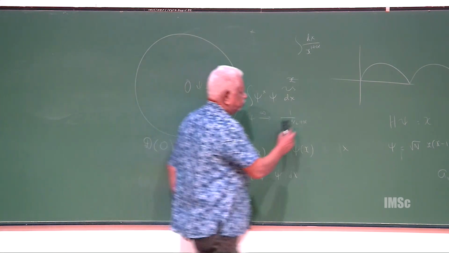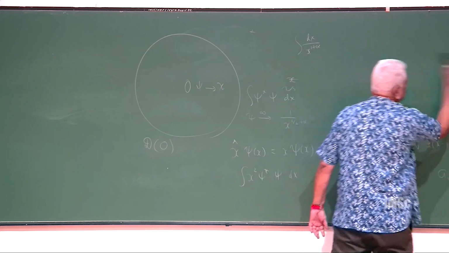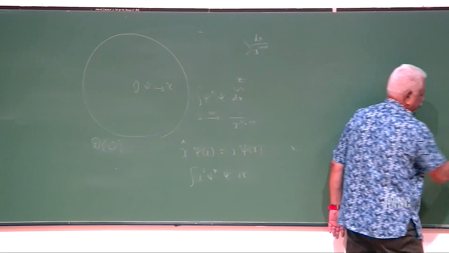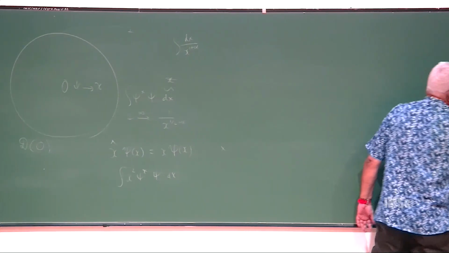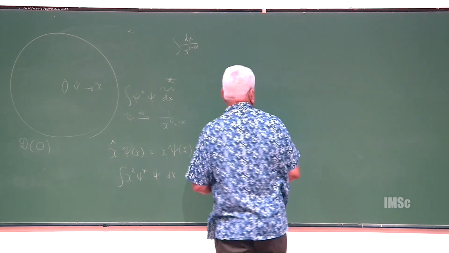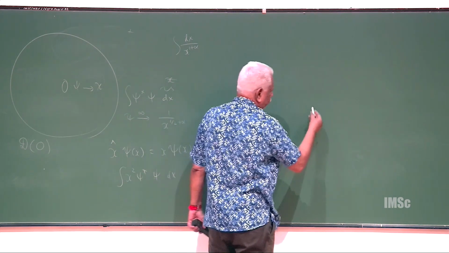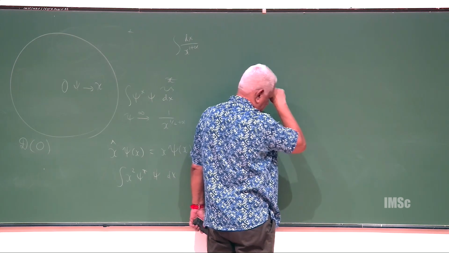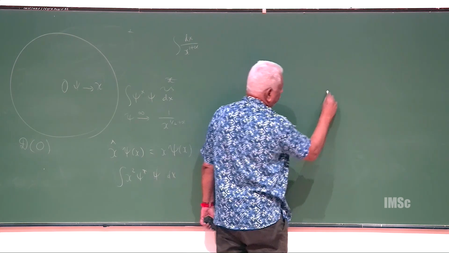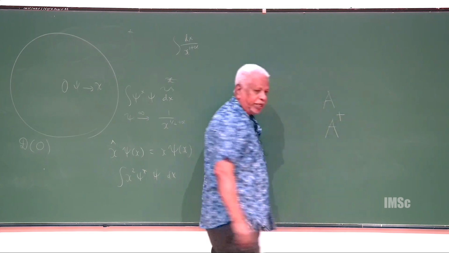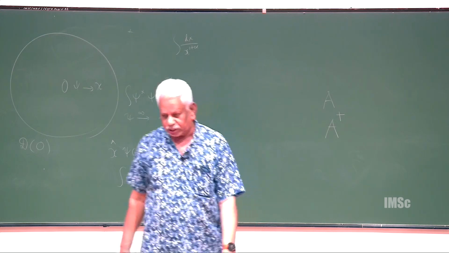I am going to erase these parts. You have an operator A, and I am going to define what is called A dagger, the Hermitian conjugate.